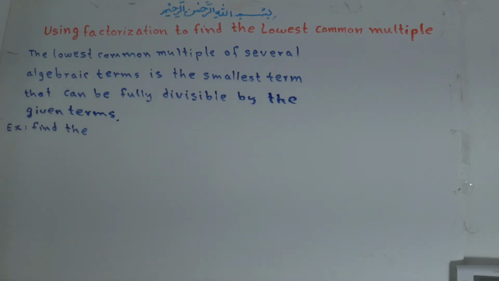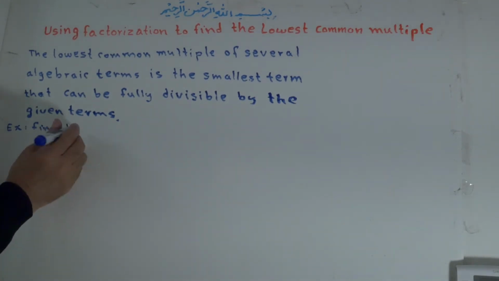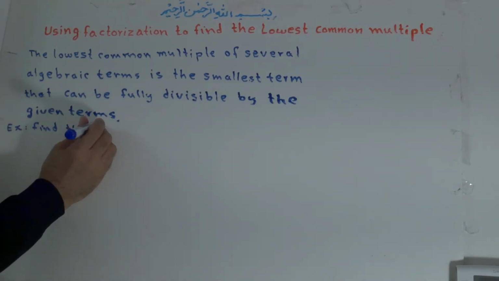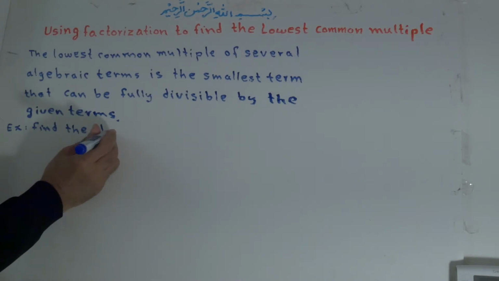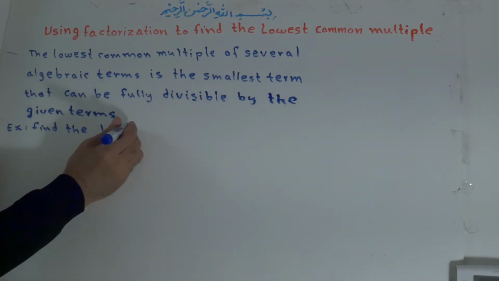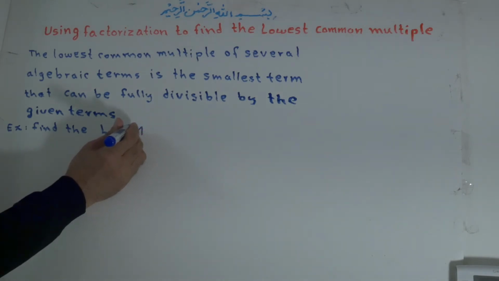Now we write the abbreviation of lowest common multiple. Instead of lowest common multiple, we write LCM. L, the first letters of lowest, C of common, and M of multiple. LCM means lowest common multiple.